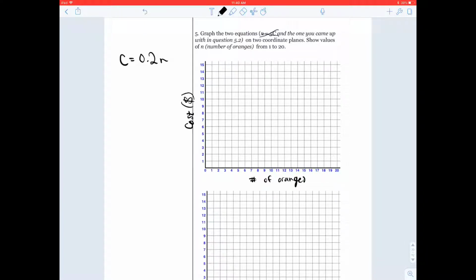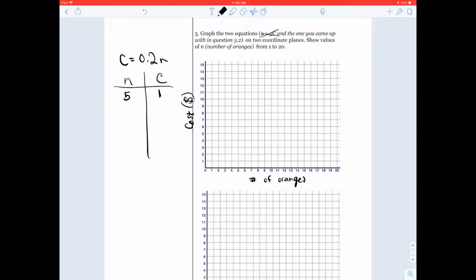Okay, so it might help to make a little table here. My variables are n and c. Let's try. We know that for 5 oranges, 0.2 times 5 is going to be 1.